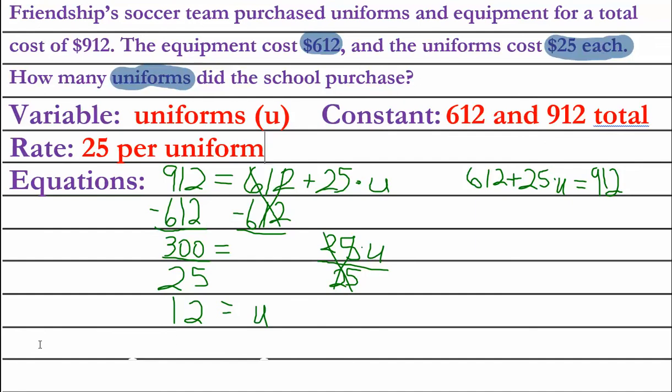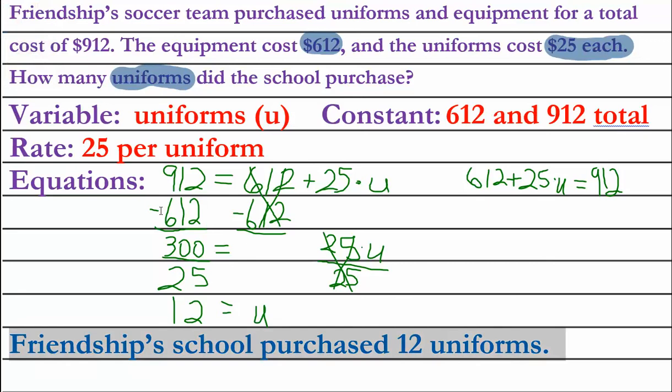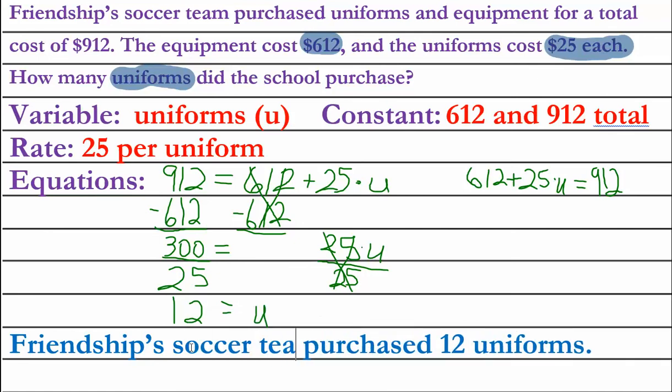So friendship soccer team, actually we need to change that, Friendship's soccer team purchased 12 uniforms. So always make sure to go back and give your answer in context as it relates to that.